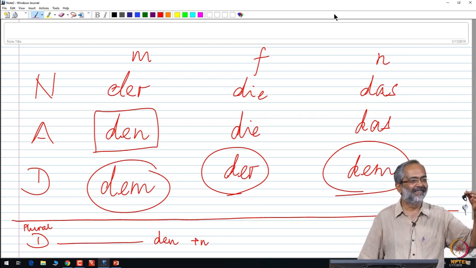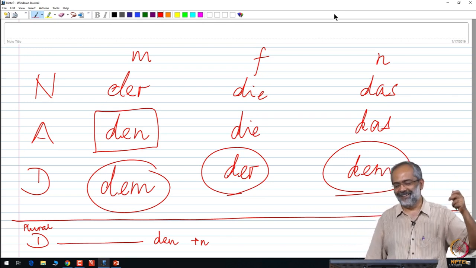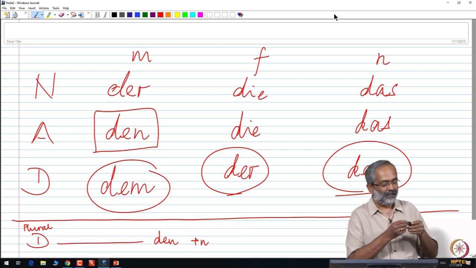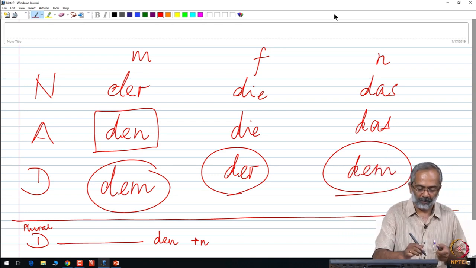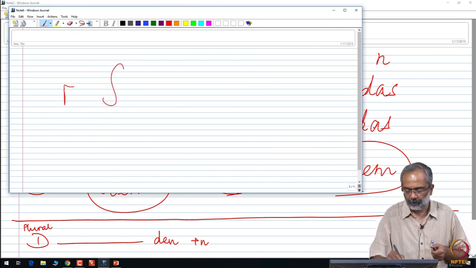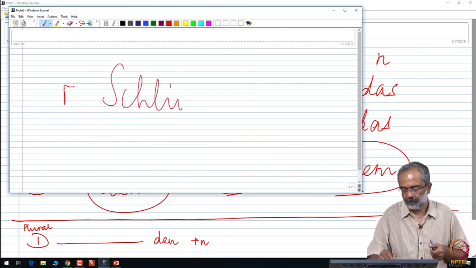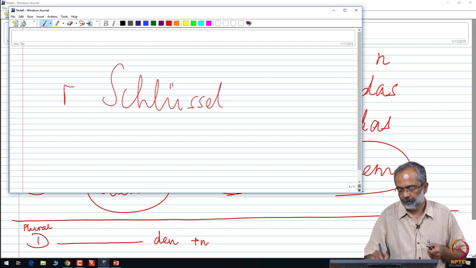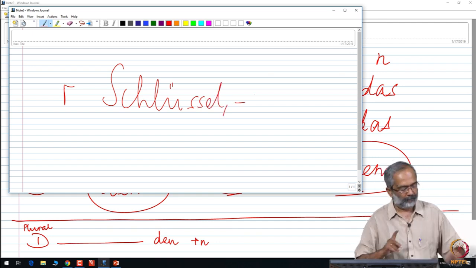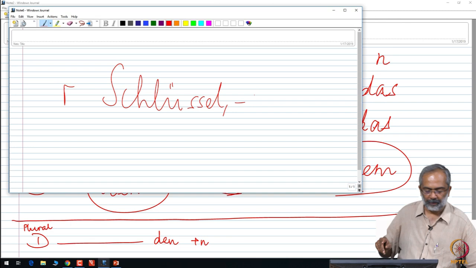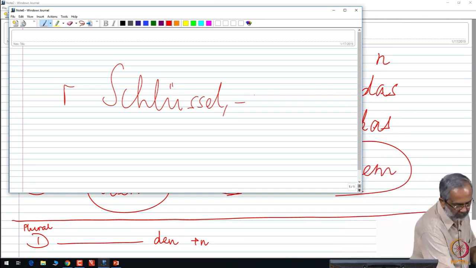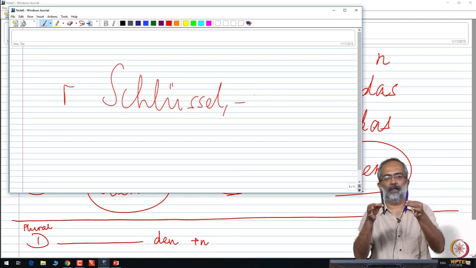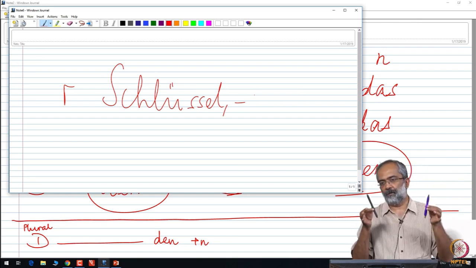Okay, was ist das? Key. No, das ist mein Schlüssel. Der Schlüssel. Das ist mein Schlüssel. Das sind meine Stifte.